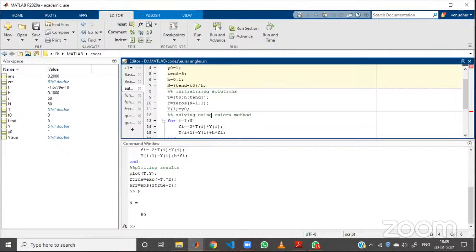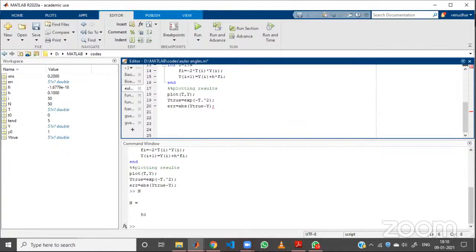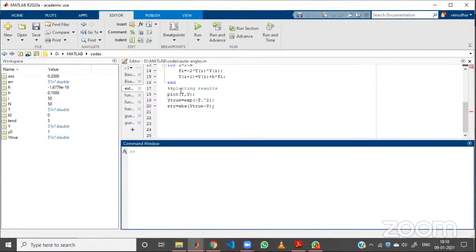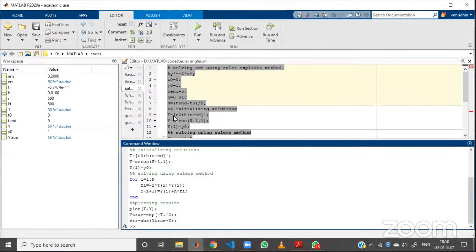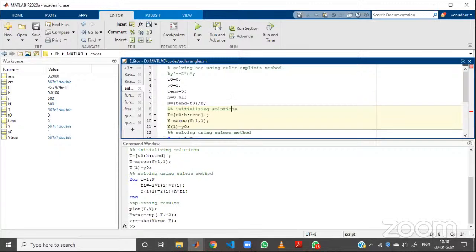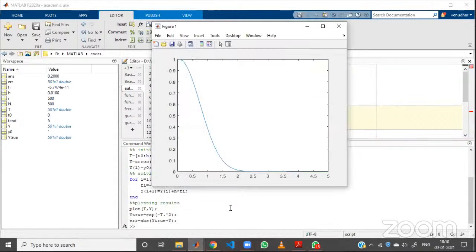We can also vary the step size. The smaller the value of h, the more values of y_i we will have. If we take h equal to 0.01, we will have n equal to 500, meaning at 500 values of t we are getting the corresponding value of y_i.